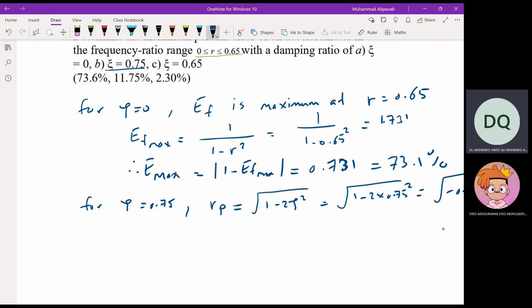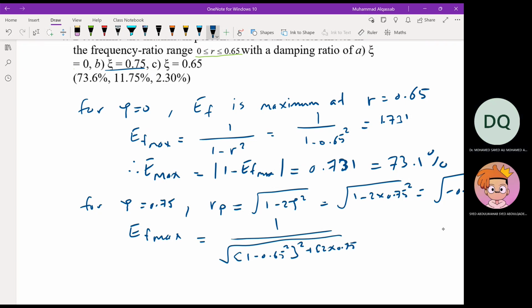Therefore, the maximum error factor will occur at the end of the range as well. So it will be equal to 1 over the square root of (1 minus 0.65 squared) all squared, plus 2 times 0.75 times 0.65 squared.